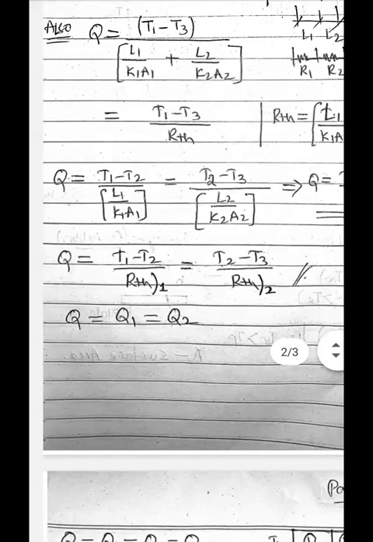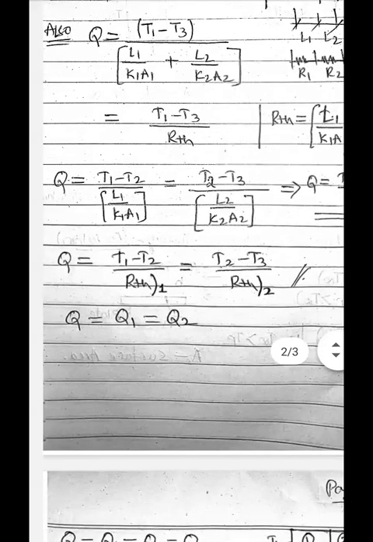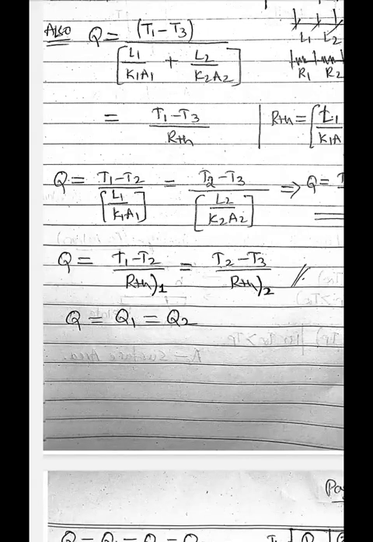So again, Q is equal to Q1 is equal to Q2. This is the rate of heat transfer, either from the entire composite wall or from the first block as well as the second block. So the rate of heat transfer will remain constant.